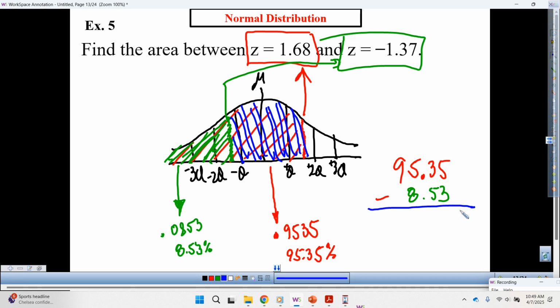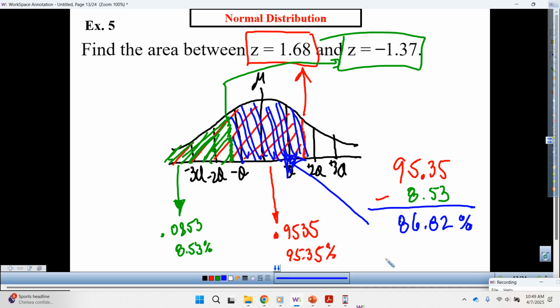What is 95.35 minus 8.53? What is that number? 86.82. And that is the percent between the two z-scores.